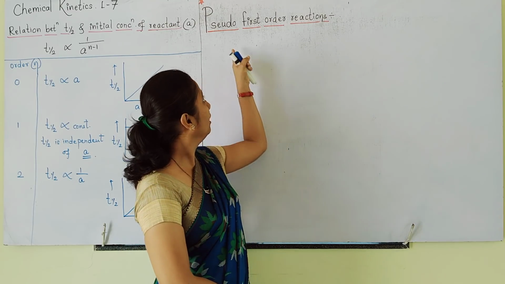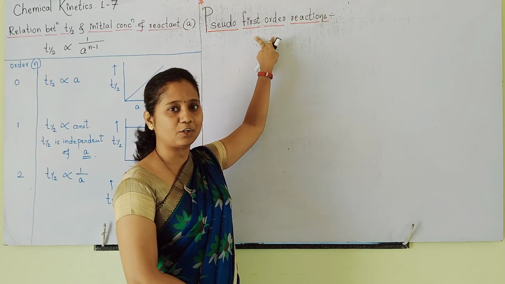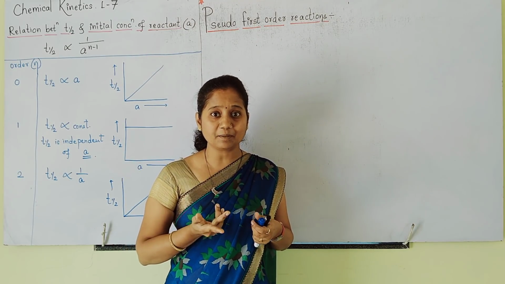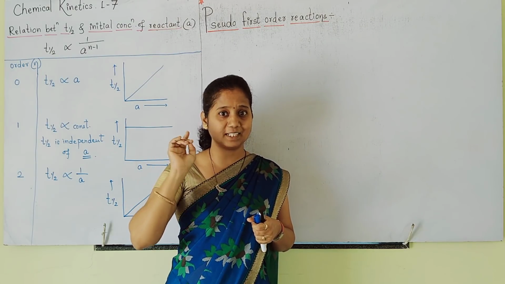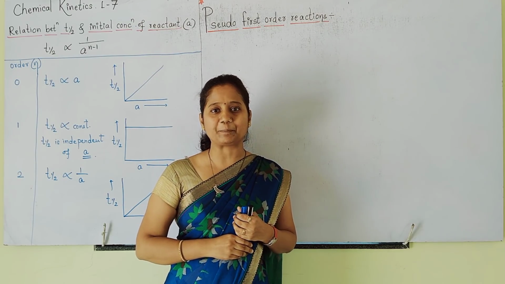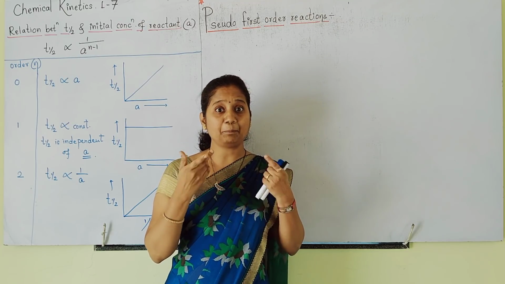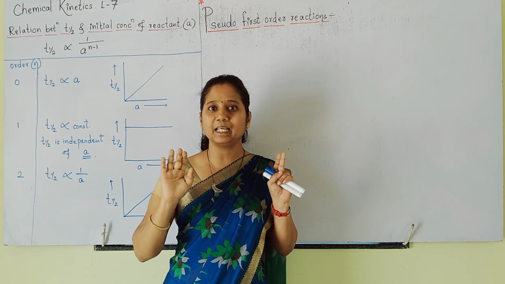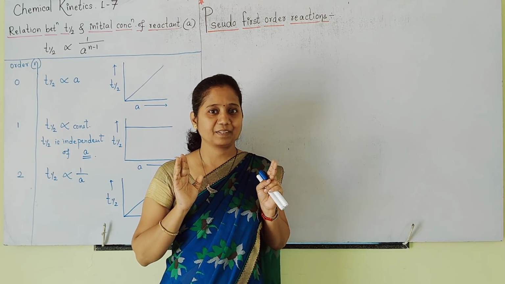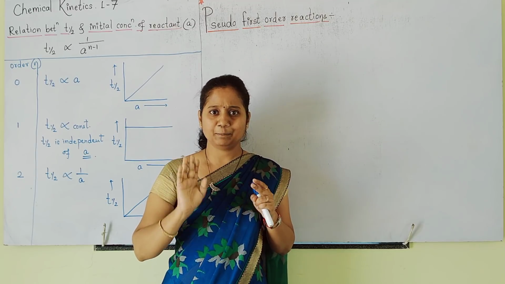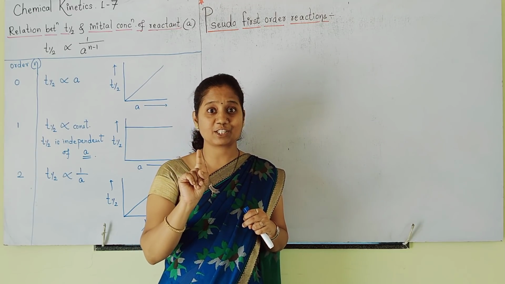Actually the reaction is first order. Order means n, n is 1. What is order? Power, exponent in the rate law expression is called order. Actually it is first order, but the appearance is something wrong. Not first order. Generally the reaction appears higher order, but actually it is first order.